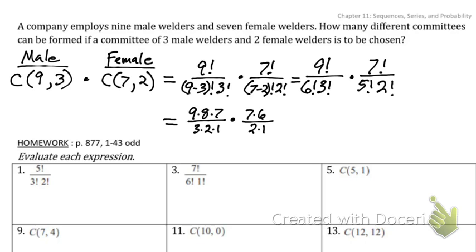We can say 3 times 2 is 6. That will cancel out that 6. We have a 2 and an 8, and 8 divided by 2 is actually just 4. So at the end of the day, I just have 9 times 4 times 7 times 7. That is all stuff you could do on any calculator. So that's going to equal 1764.